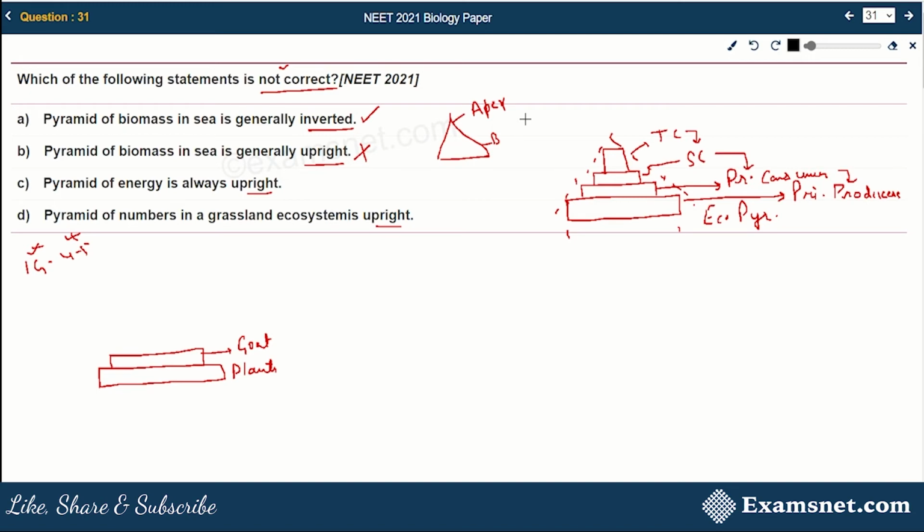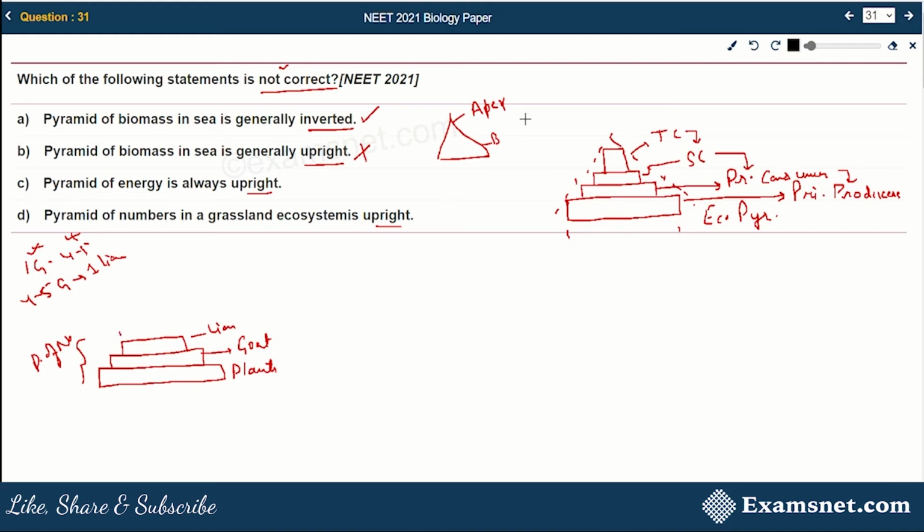Similarly, 4 to 5 goats can be eaten by just one lion. So the next trophic level, which represents carnivores or lion, will be smaller in width than the number of goats. So this is the pyramid of number. The number keeps on decreasing, therefore the width also keeps on decreasing as we move upward.